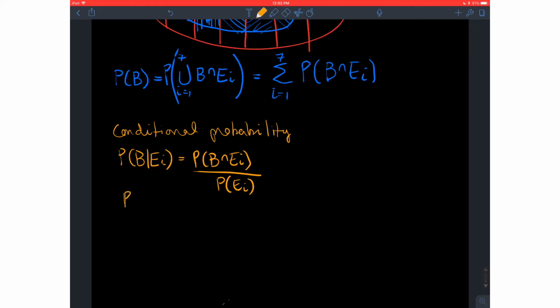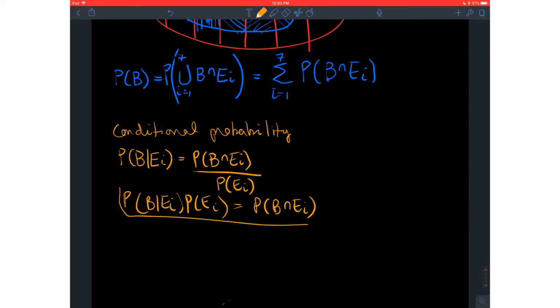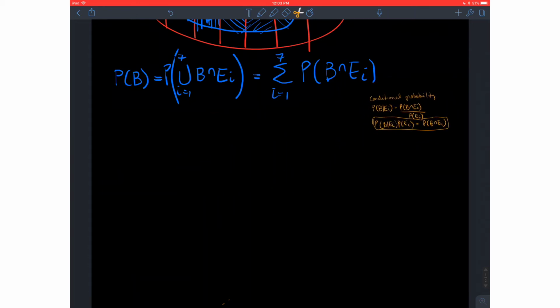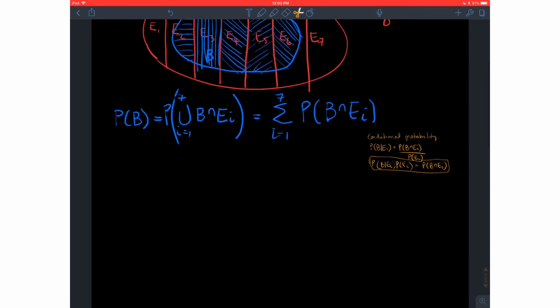Or we could say that the probability of B given Ei times the probability of Ei is equal to the probability of B and Ei. And this second version here is actually the one that's kind of the useful one, okay? So let's keep that in mind and put it over here in our mind palace.